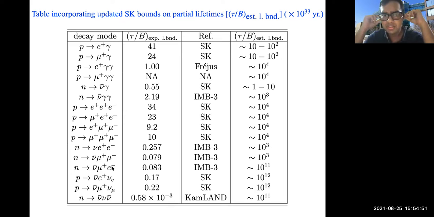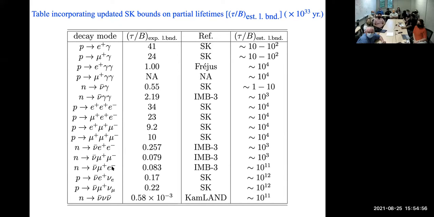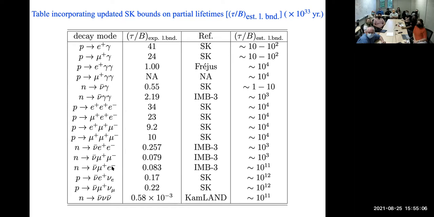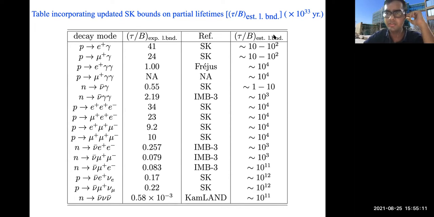Right, we use that experimental result to infer bounds on the other modes. But it is the toughest bound, which exists experimentally. Exactly. That's why we use it to infer bounds on the other modes. But it is not shown here because we don't estimate the theoretical lower bound on that mode.